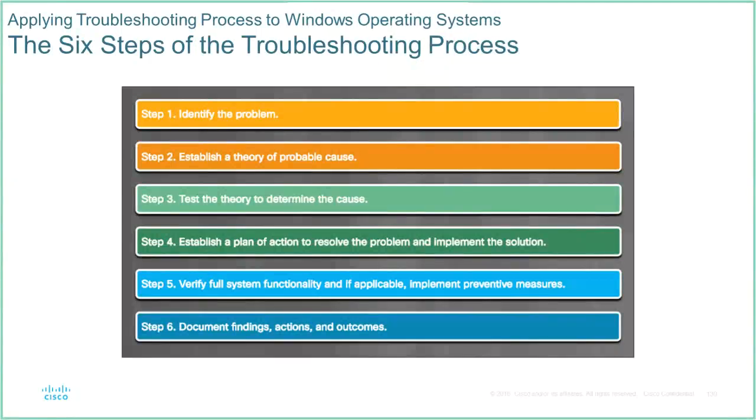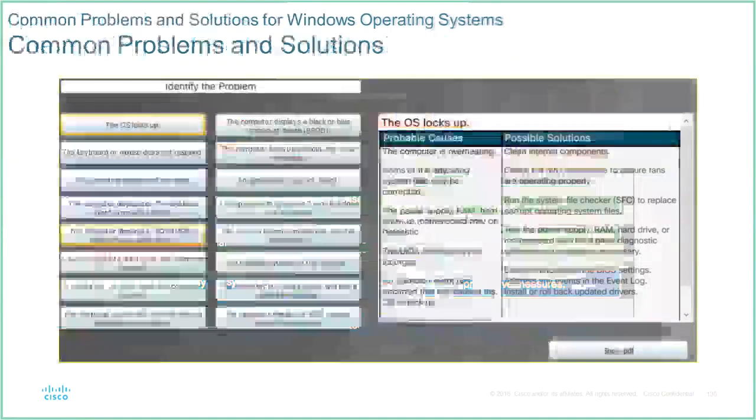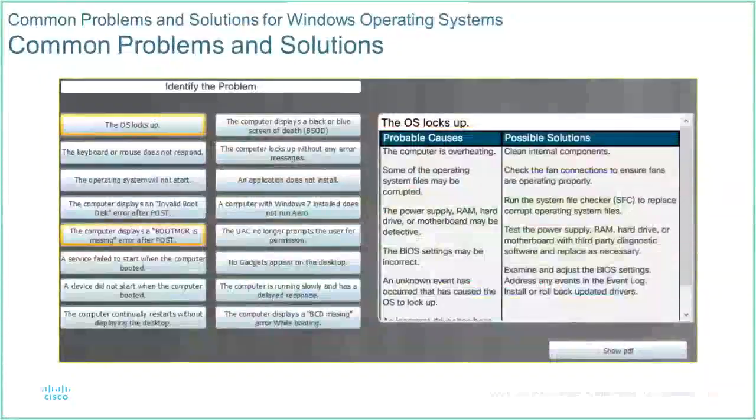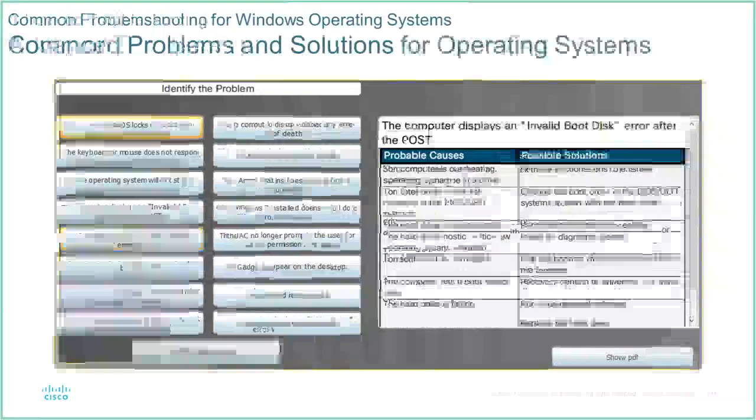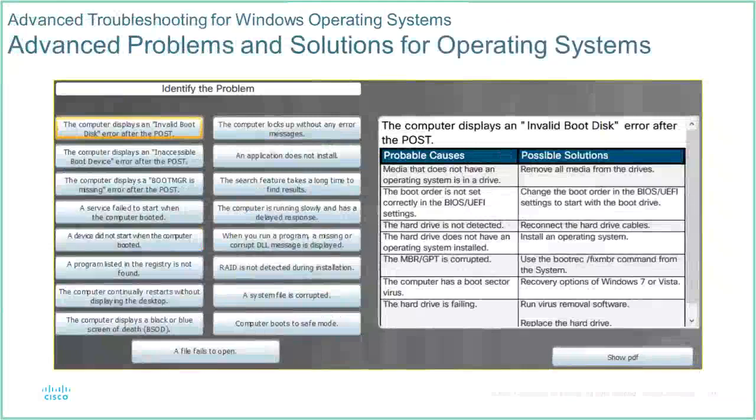They should become second nature. We see them. Common problems and solutions, I'll let you work your way through it on the chapter. You click on the various items and I'll give you a description and possible solutions for those. So I won't go through them here. You can read the chapter and click through to your heart's content.